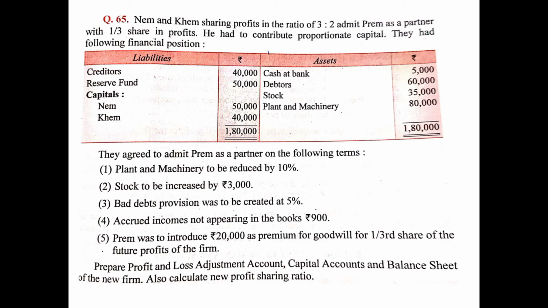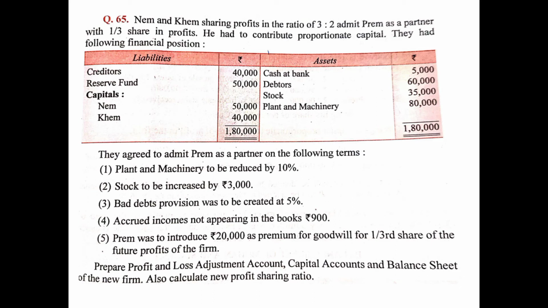The fifth point. Prem was to introduce rupees 20,000 as premium for goodwill for 1/3 share of the future profits of the firm. So Prem was to introduce 20,000 as premium for goodwill and his share was 1/3. So for this goodwill brought in by Prem, the entry will be bank account debited 20,000 to premium for goodwill account 20,000. And this 20,000 will be distributed among the sacrificing partners in the sacrificing ratio.